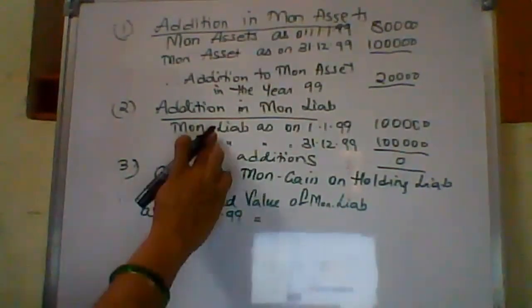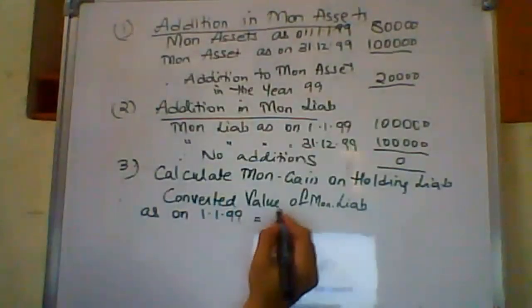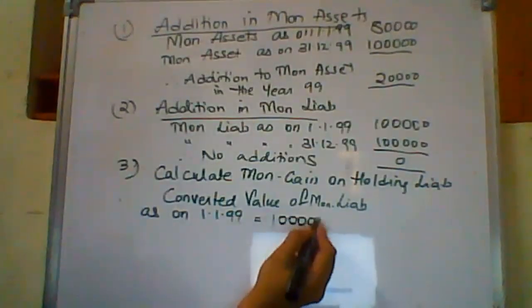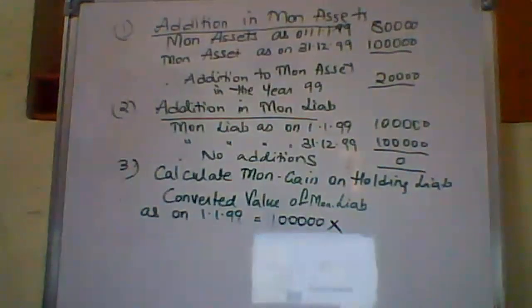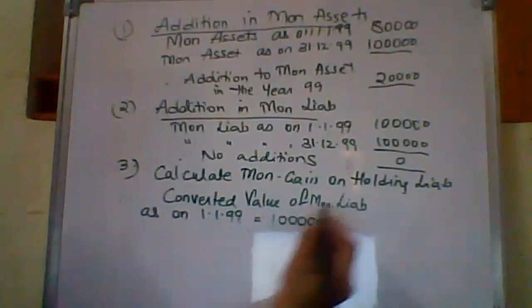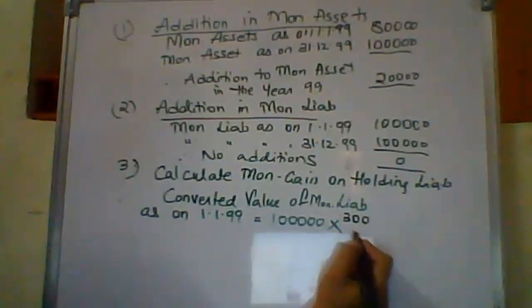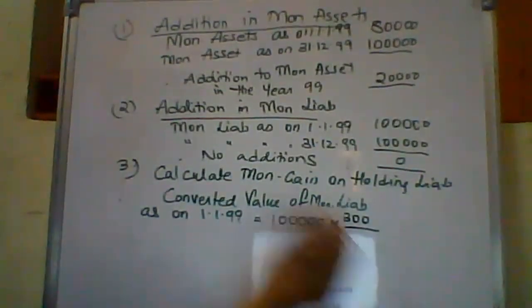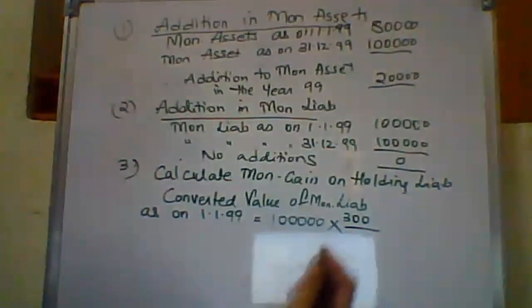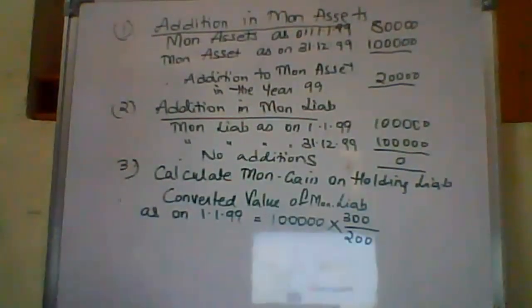Historical value of monetary liability as on 1/1/1999 is 1 lakh, into the current price index, which is 300, divided by the price index as on 1/1/1999, which is 200.